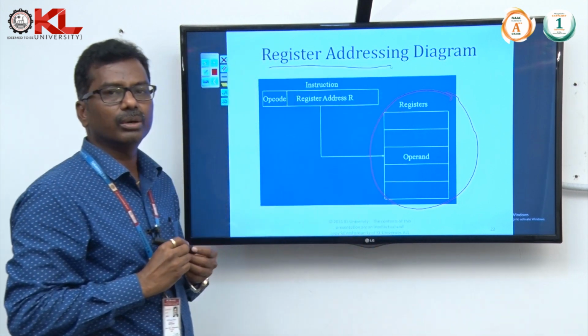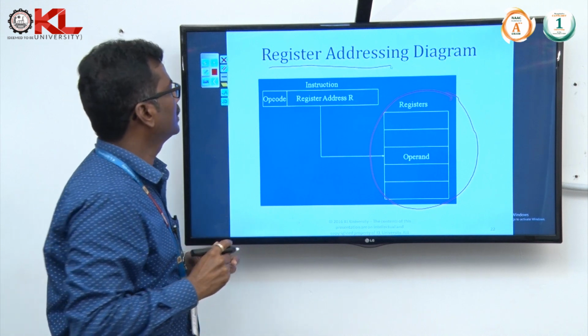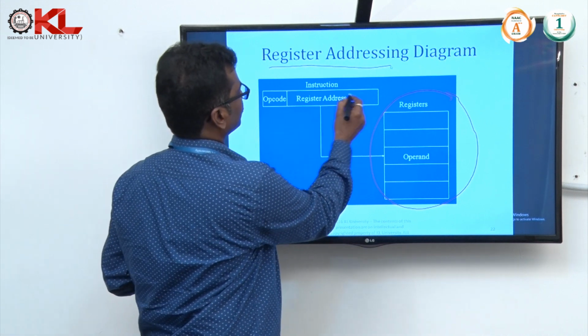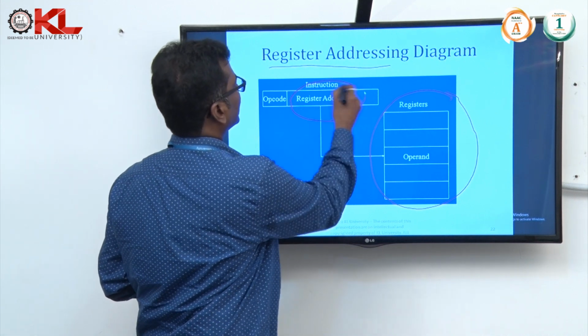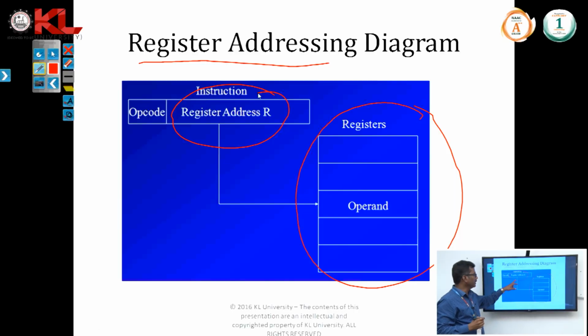Now let us see how this addressing is done. In the address field, the address of that particular register location is presented. For example, here it is something like 4567.